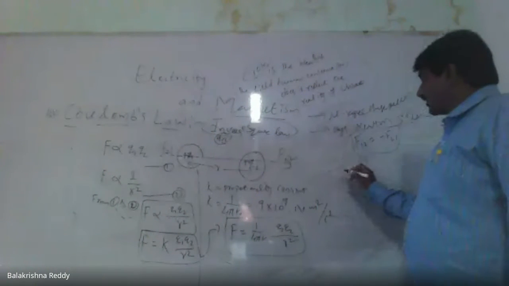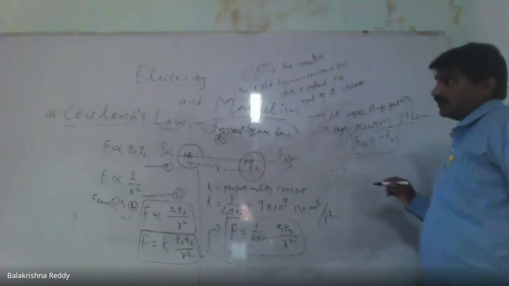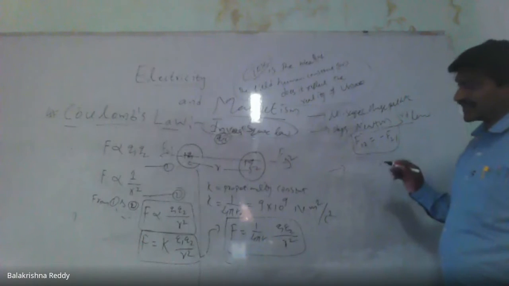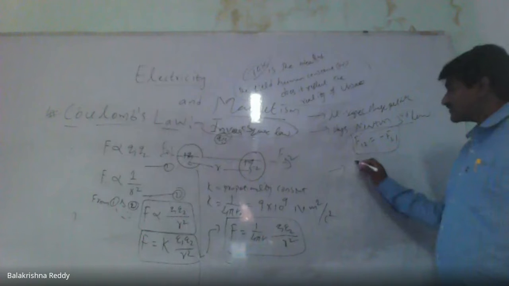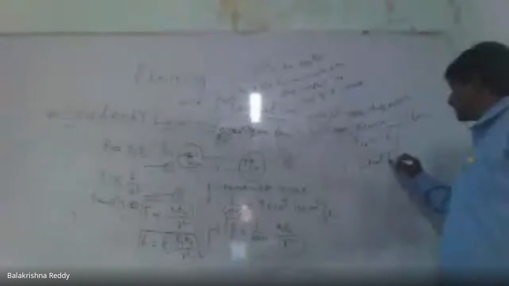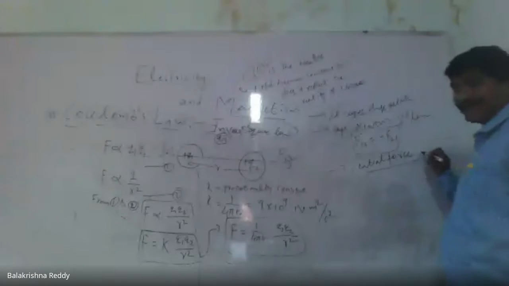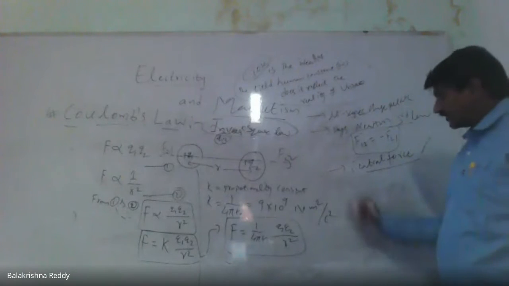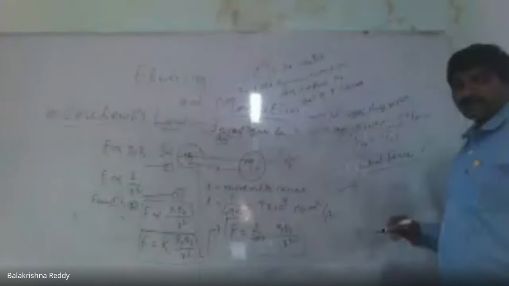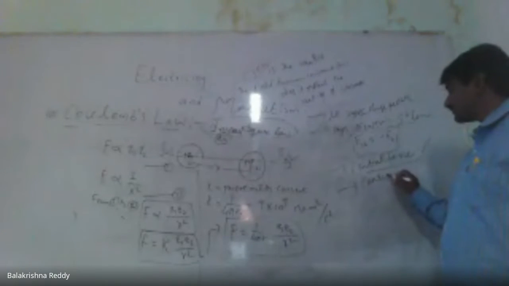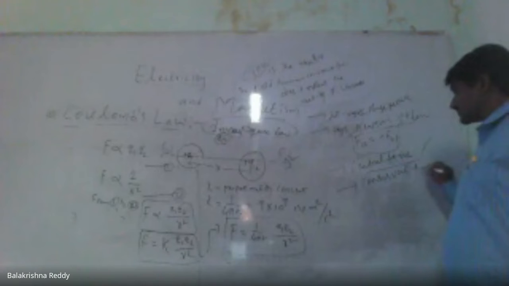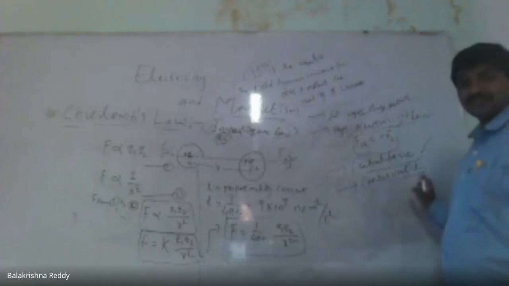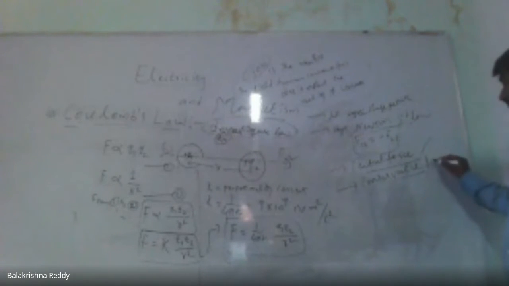The electrostatic force in Coulomb's law is a central force, because it acts center to center along the line joining them. And it is a conservative force. Since it is a central force, it is also a conservative force.